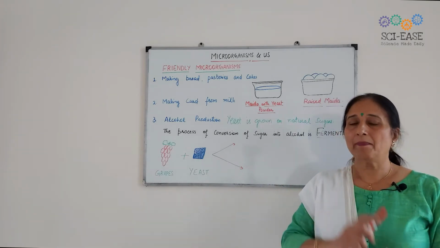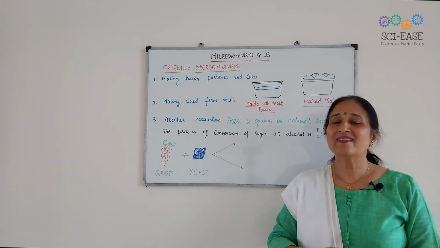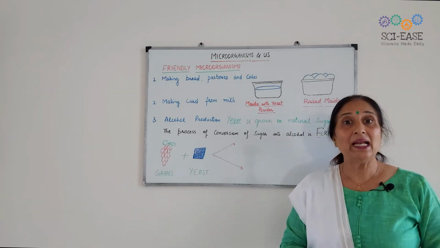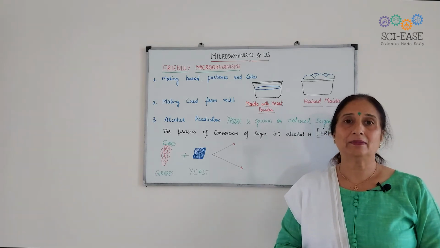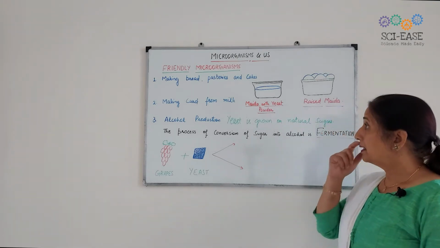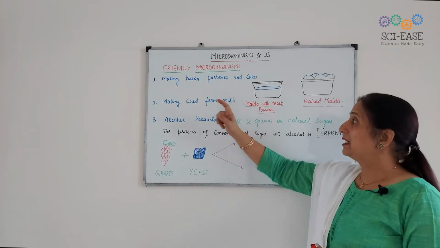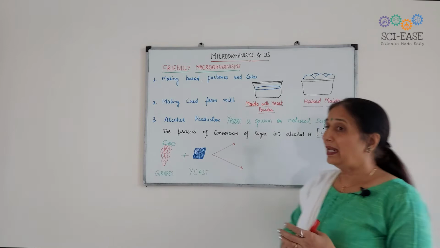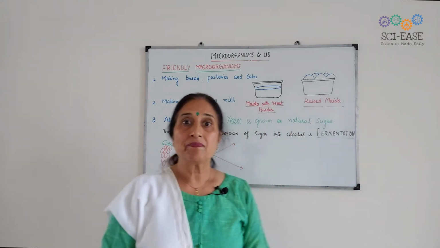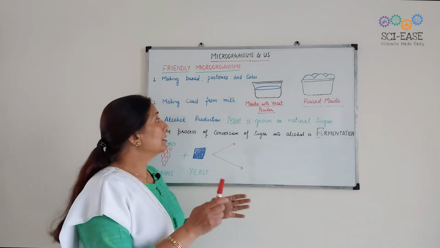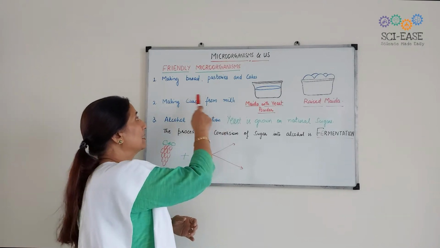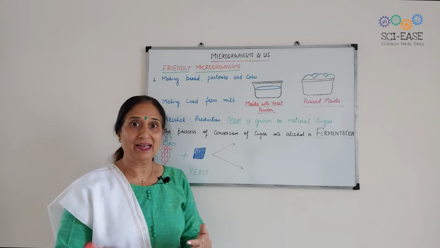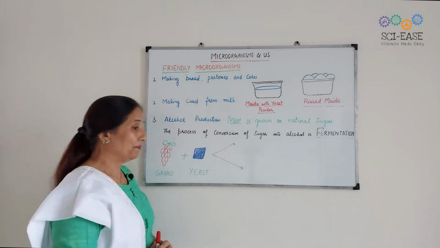What is the reason behind it? Again, there are certain bacteria in the milk, mainly lactobacillus bacteria, which convert milk into curd. So the lactobacillus bacteria help in the conversion of milk into curd. This is the second use I have written.